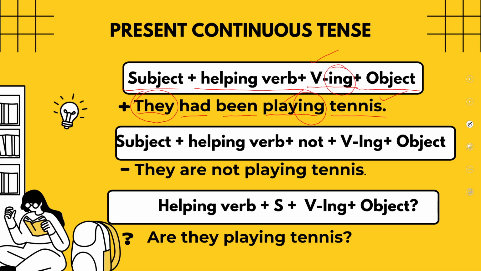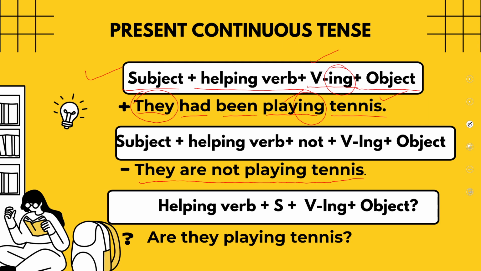So by using this formula, this rule, we can make so many different present continuous tenses in a sentence. Now for the negative sentence, they are not playing tennis.